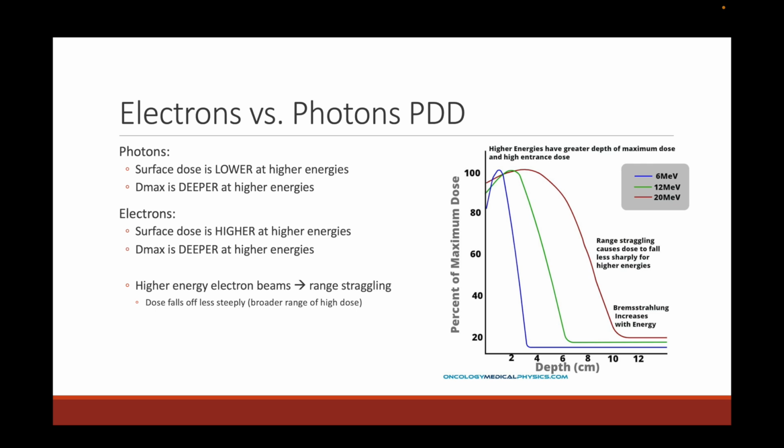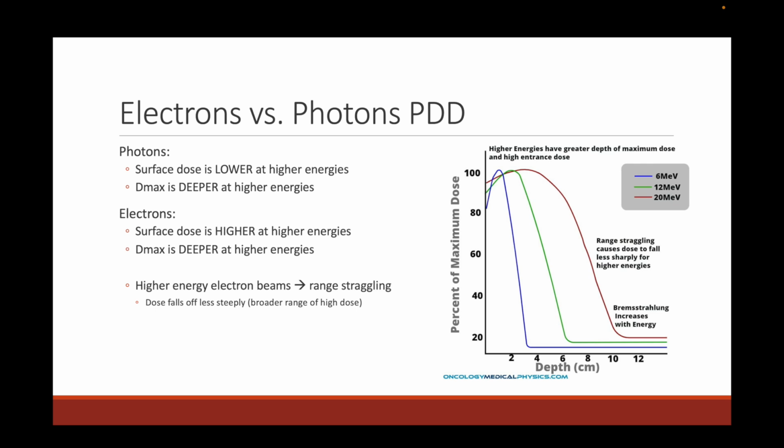The depth of D max, however, is the same as it is for photons. So the depth of D max is deeper with higher energies as well. This, I think, is the most critical concept to understand, and it's something that you just have to memorize. When we think about electrons and photons, the depth of D max relationships are the same.